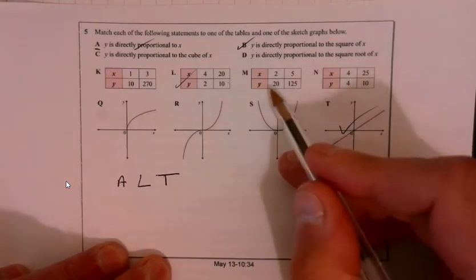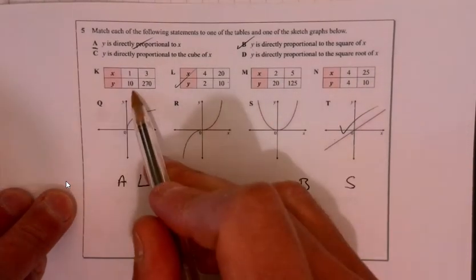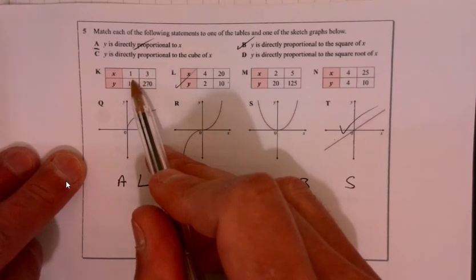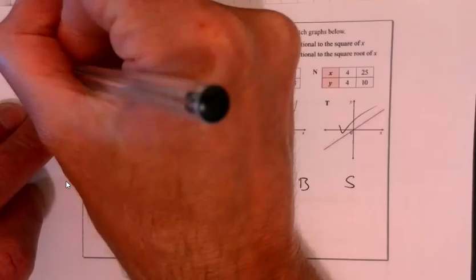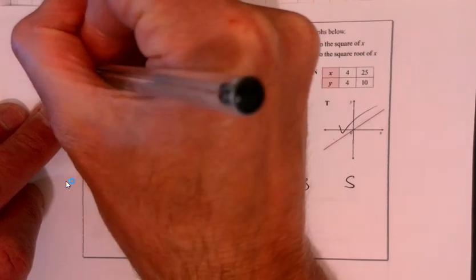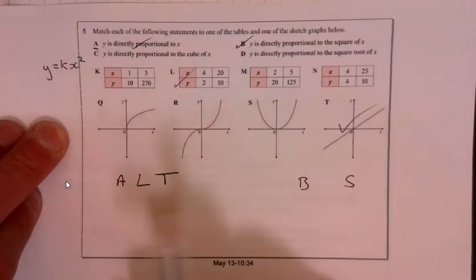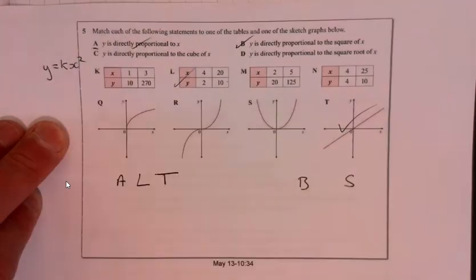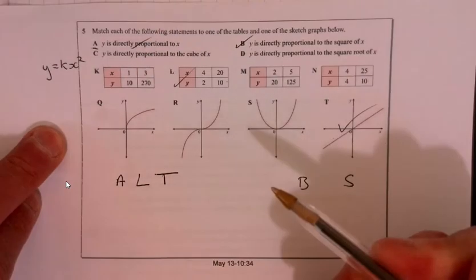So I'm going to take a guess, right? Let's have a look at this one over here. I really don't know what the answer is, but we'll have a guess and see if we can work this one out. So I square this number here, so remember what we're looking for is, can I find that works with this? Remember, the easiest thing to do is just to cover up the 270, just pretend we don't know that, and then work it out and see if we end up with 270.